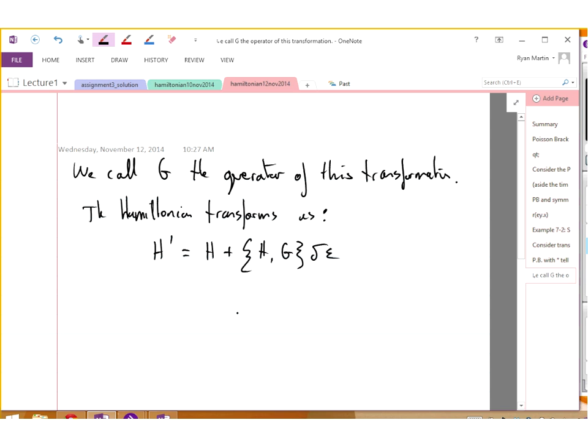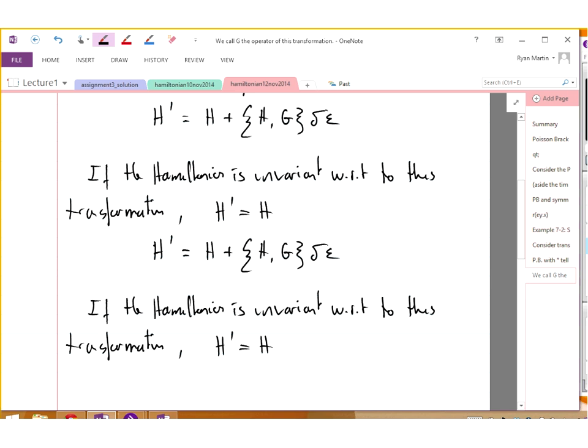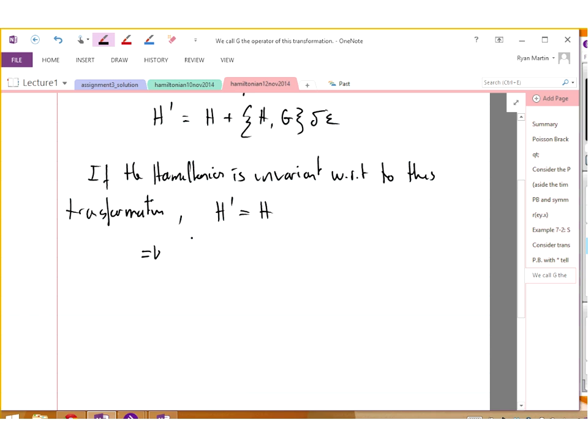If the Hamiltonian is invariant with respect to this transformation, then H prime must be equal to H. That's what invariant means.